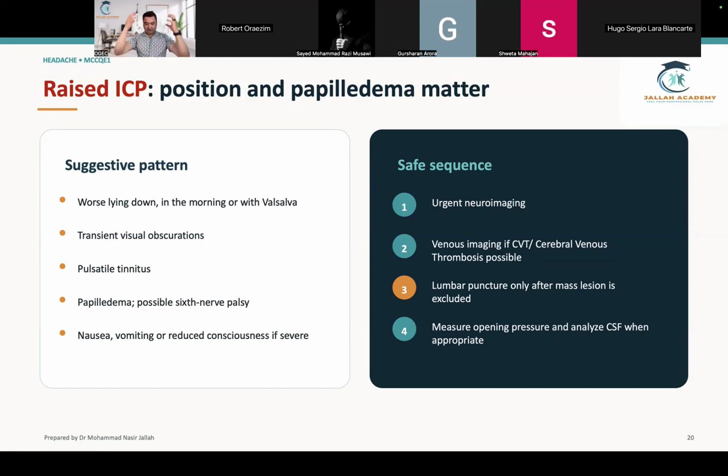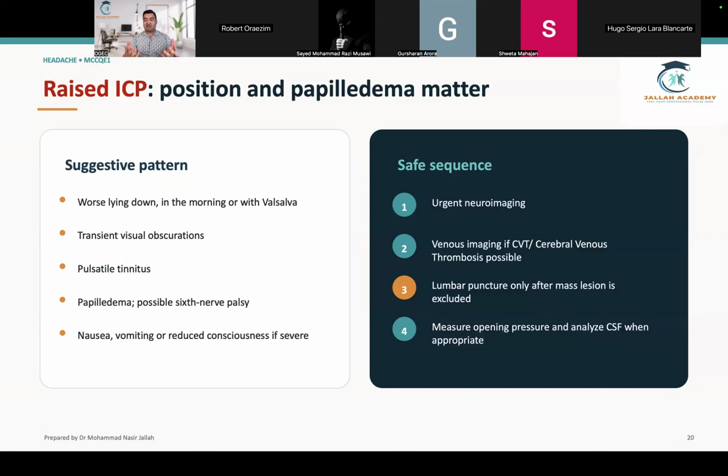How? For example, the patient has headache, but it gets worse when she is tying her shoelace. So when the patient is bending forward, the headache gets worse. It means the intracranial pressure is increasing. So maybe they are not saying it directly, but they may explain it indirectly in the scenario, okay?